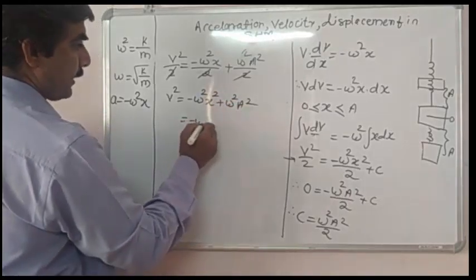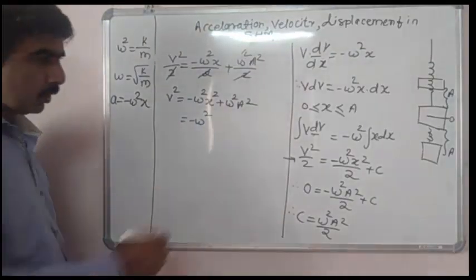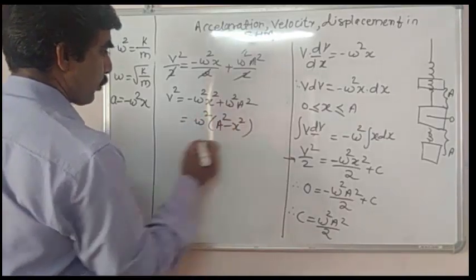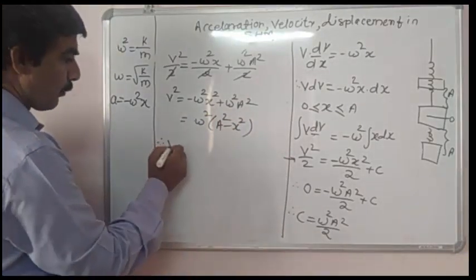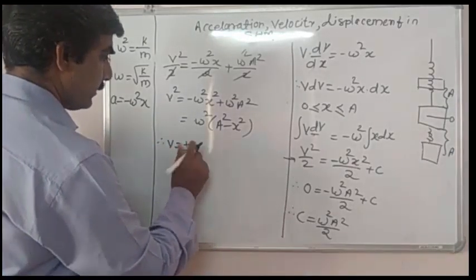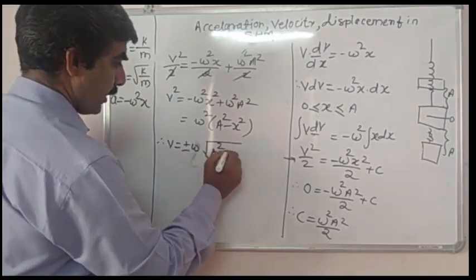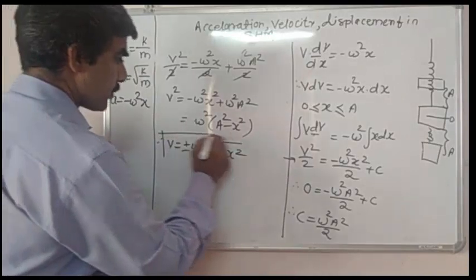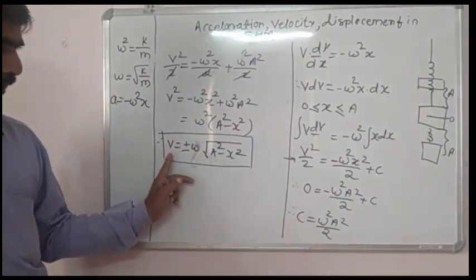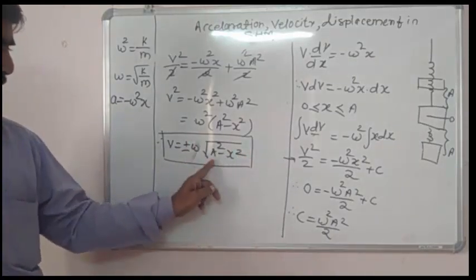Taking omega square common, we get omega square into A square minus x square. Taking the square root of both sides, we get v equal to plus or minus omega under root A square minus x square. This is our required equation for velocity in simple harmonic motion.